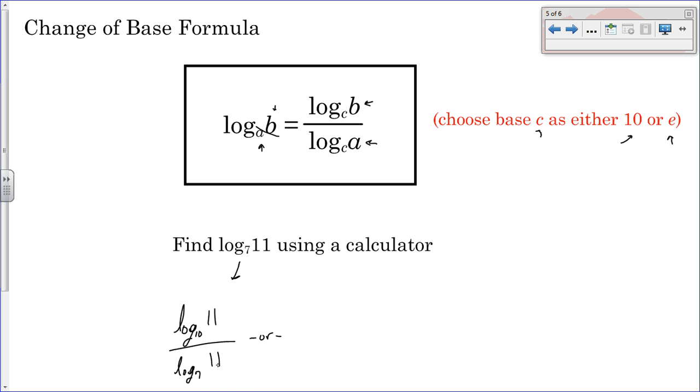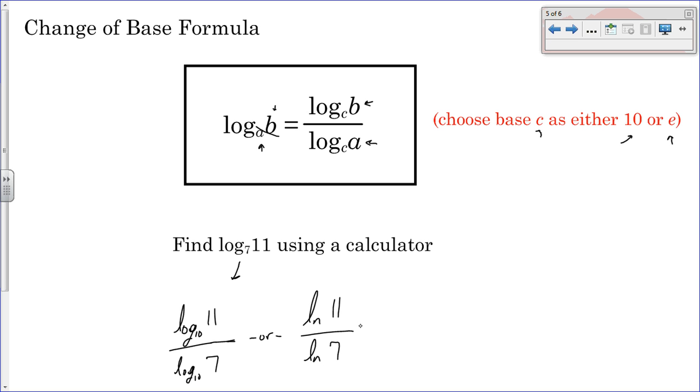Sorry, I made a mistake there. So here we changed our base to 10, but if you changed it to E, this would also give you the natural log of 11 divided by the natural log of 7.